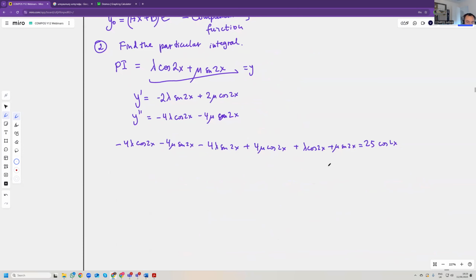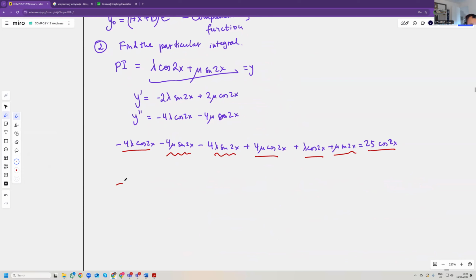And to find lambda and mu, we just equate the left and the right hand side. So we combine the like terms.